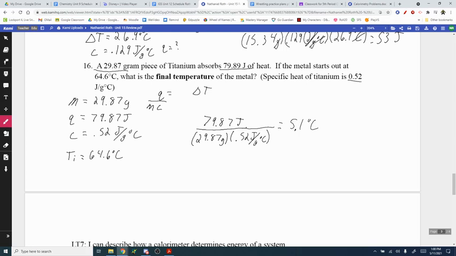Okay, now that is our delta T, but it is asking for our final T. So what we are then going to do is add those two together. So we're going to take 64.6, that's our initial T, add it to 5.1, and we are going to get 69.7 degrees Celsius.